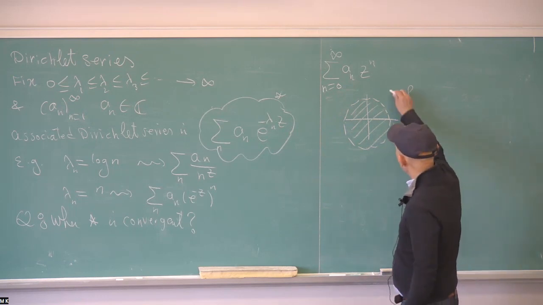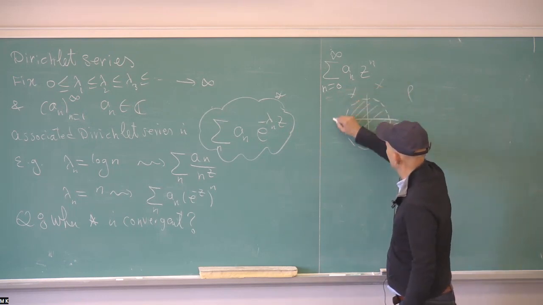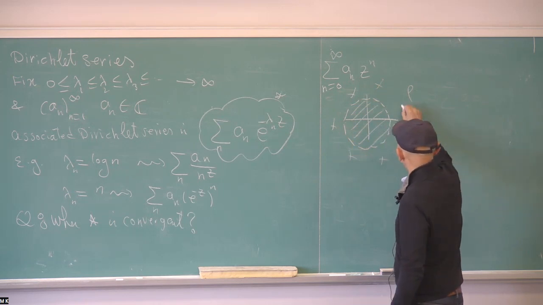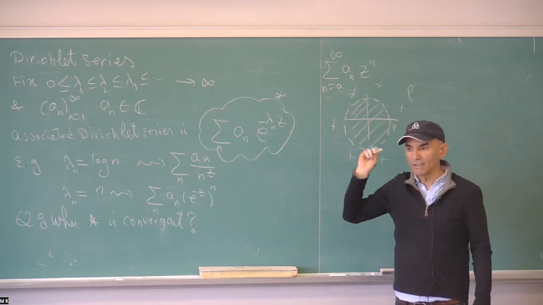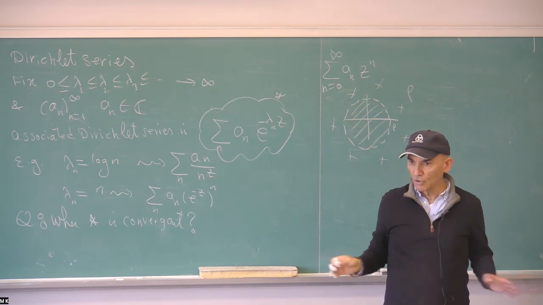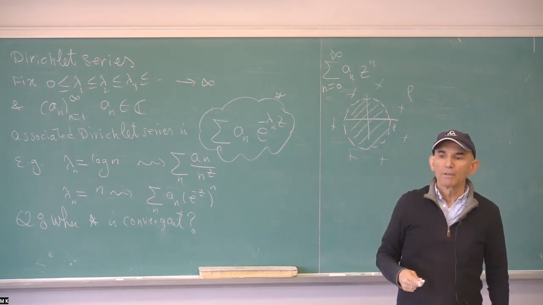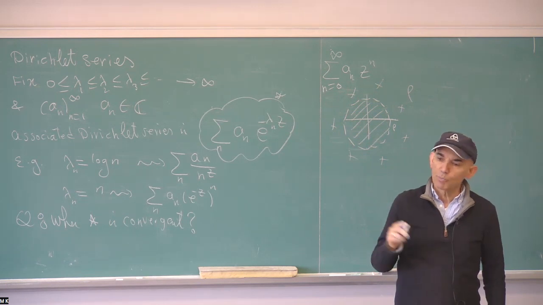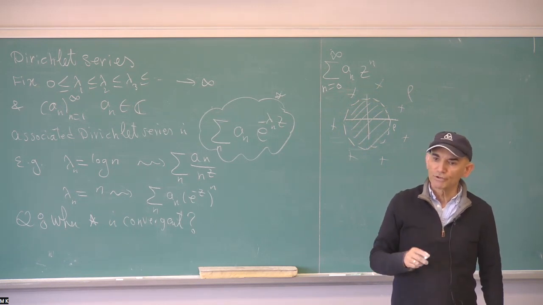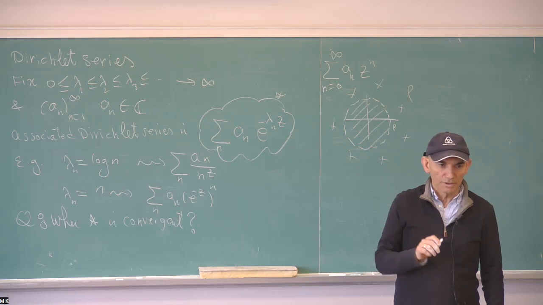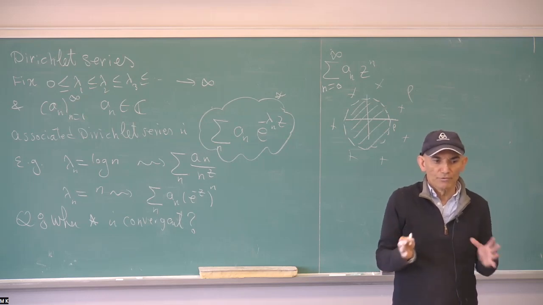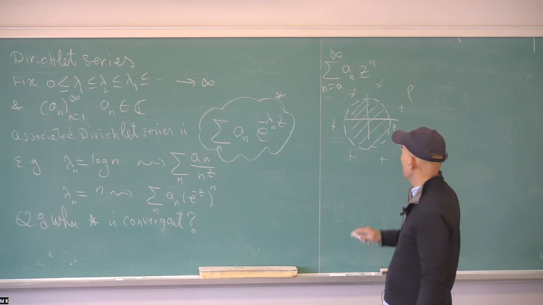And outside, at no point outside the disk is it convergent at all. On the disk, anything can happen: it can be convergent at some points, divergent at others. So there is a number rho, called the radius of convergence, that you can actually write down.